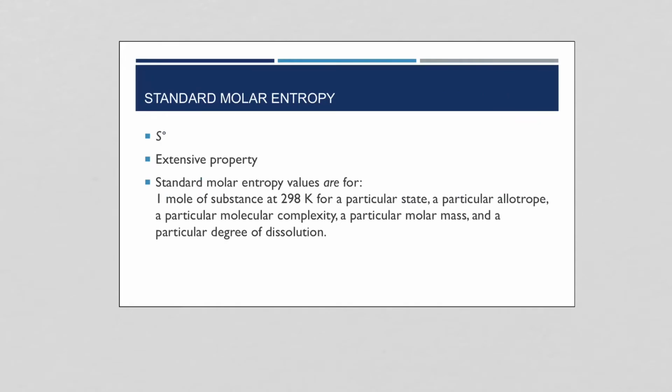So just to go over a few formal ideas. We abbreviate the standard molar entropy as S with the little degree sign. It is an extensive property. So remember, this means that it changes with amount.